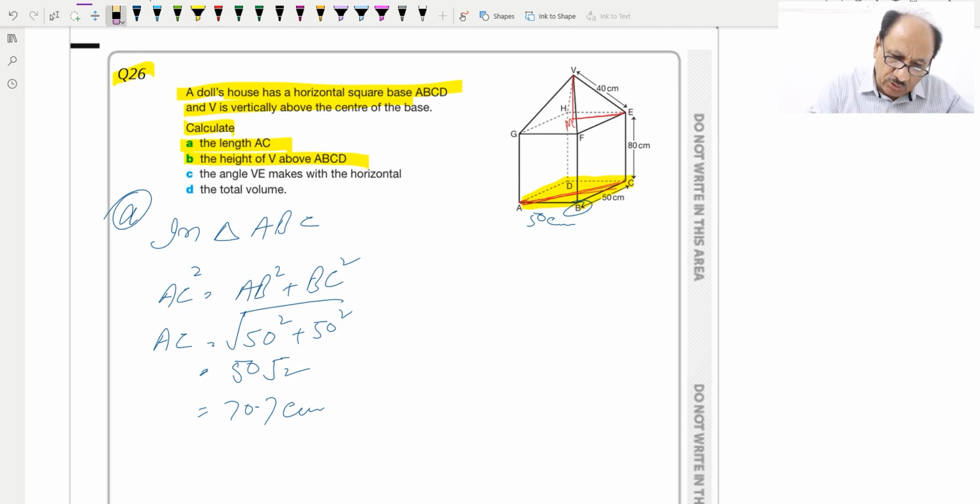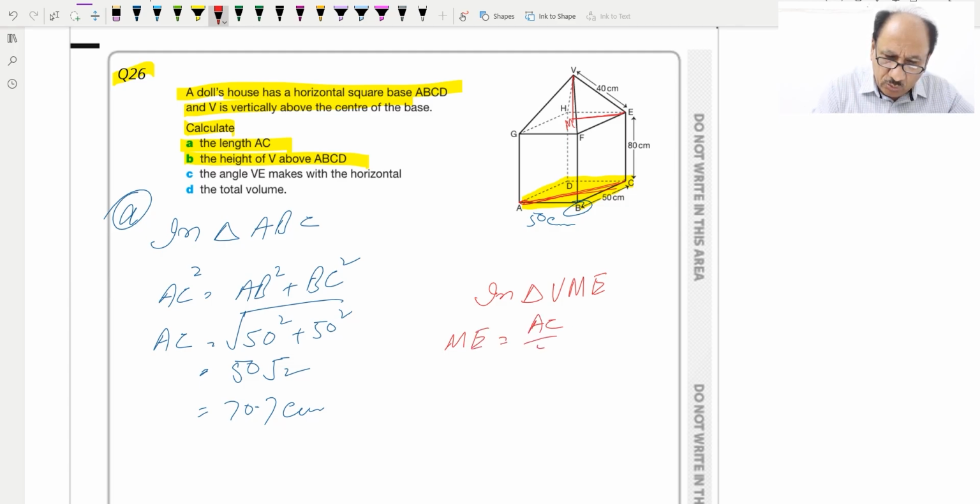So for VM, we have triangle VME. In triangle VME, we will take ME is equal to half of AC.